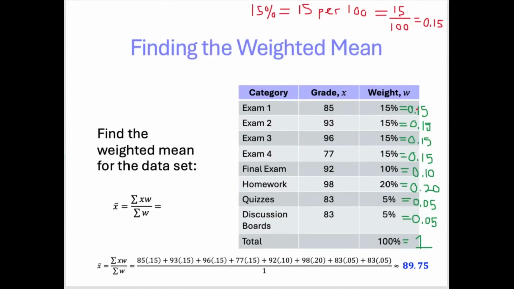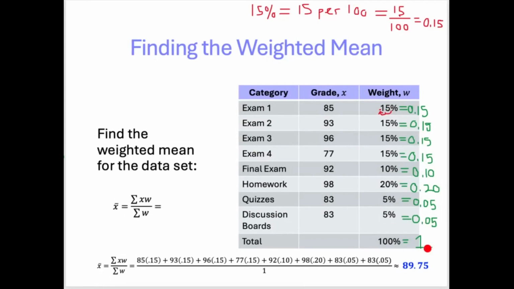But that's where we're getting these in decimal form. The shortcut way is just to take your decimal and move it back twice, and that puts it right there. So you might have learned that shortcut before. So you'll see all these percentages converted to decimal form, and when you add up the decimals, they should add up to 1, or you did something wrong.